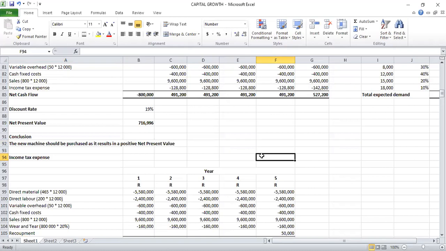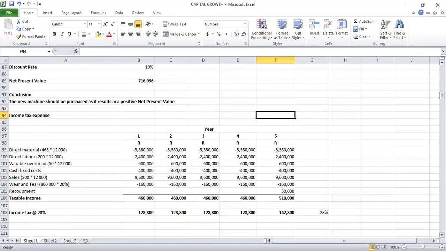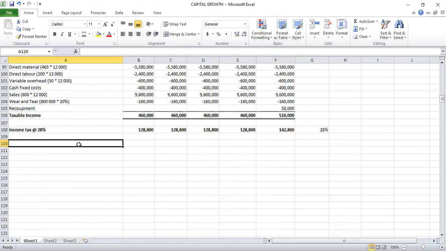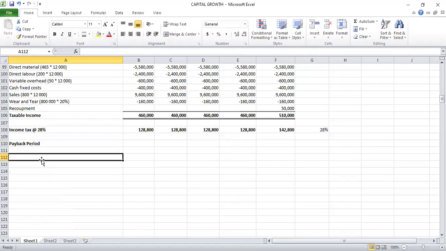All right, so today I also want to show you the other methods, but we use the same data so that we don't waste time. All right, let's assume that the question was about the payback period. The payback period is the period that it takes to recover your initial investment.